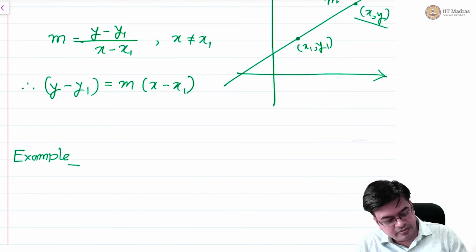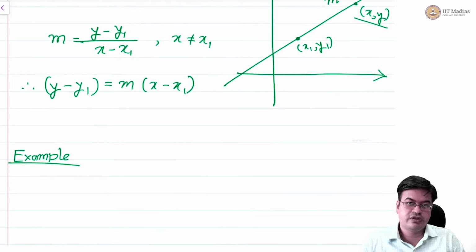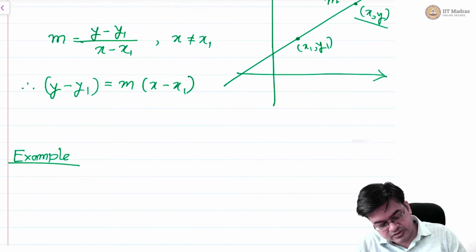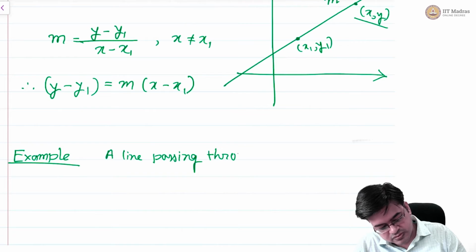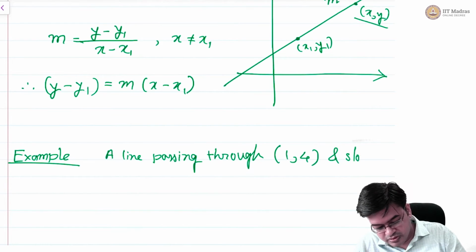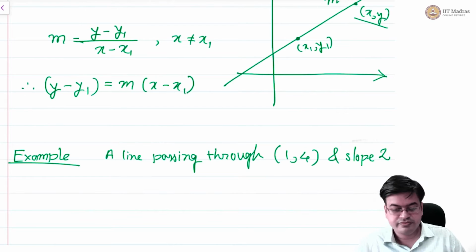That example will be: you have been given a slope, so it is a non-vertical line, and let us say it is a line passing through the point 1 comma 4 and slope 2.